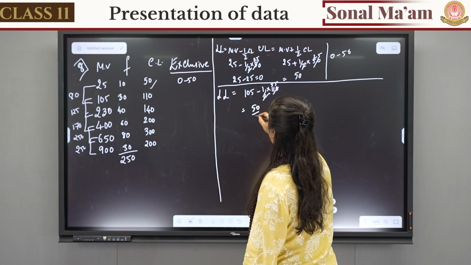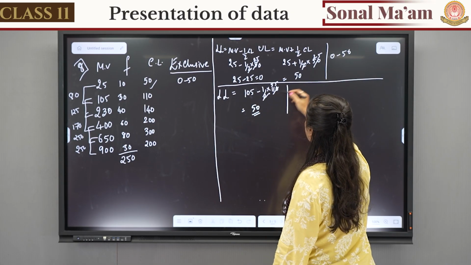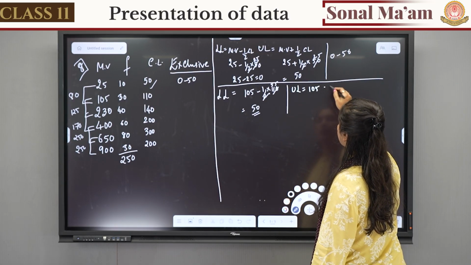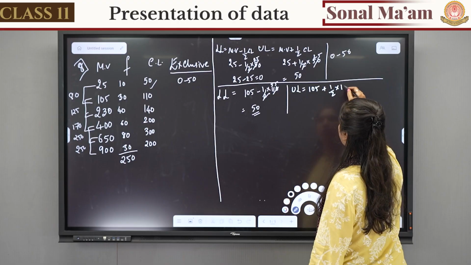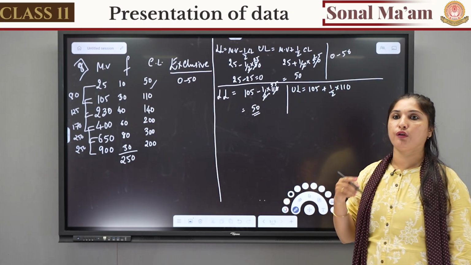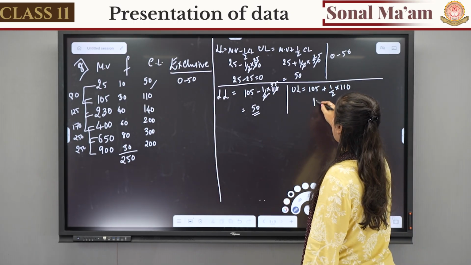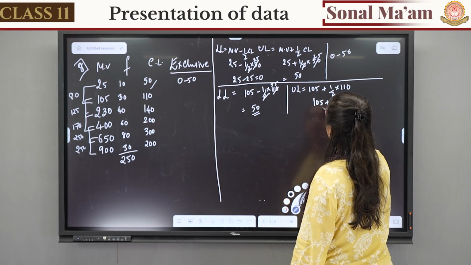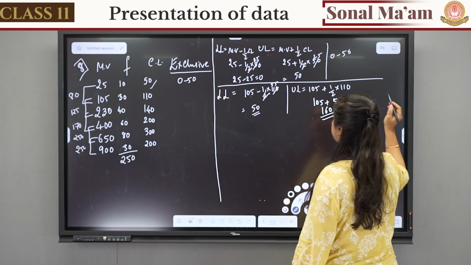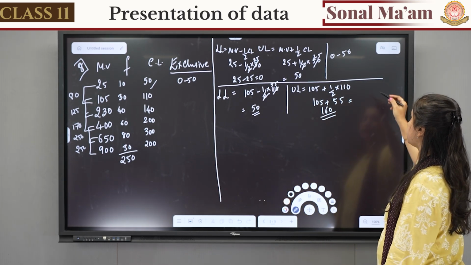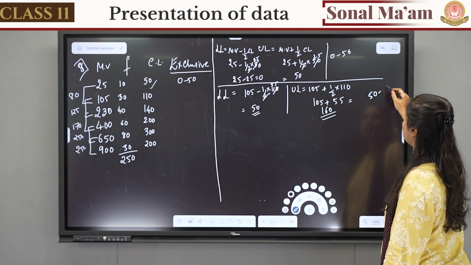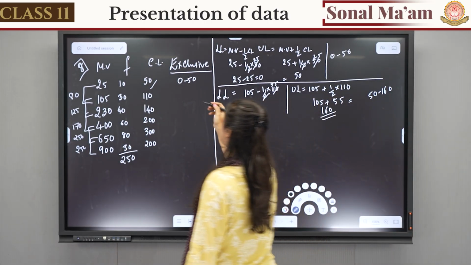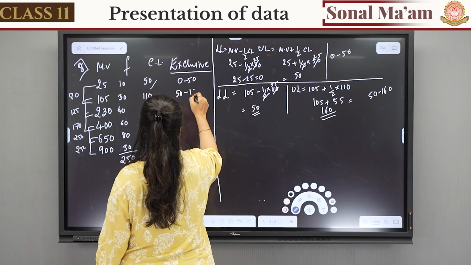Here we will find the upper limit: 105 plus 1 by 2 into 110. So 105 plus 55 comes to 160. So the next class will be 50 to 160. Okay, we got our next class, 50 to 160.